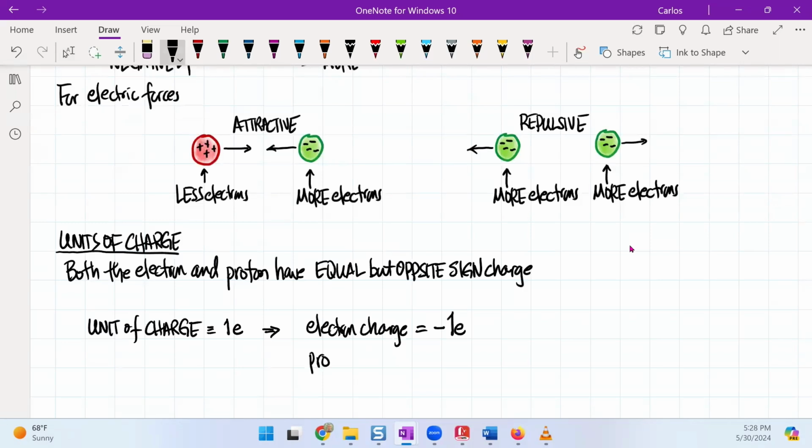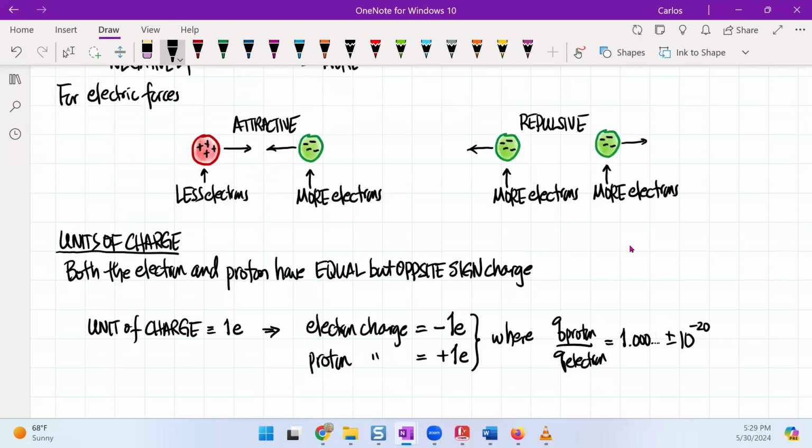If I have a proton charge, I'm going to have a positive 1e, where the ratio of the proton charge to the charge of an electron is almost exactly 1. So 1.000 plus or minus, let me be careful, plus or minus 10 to the minus 20.